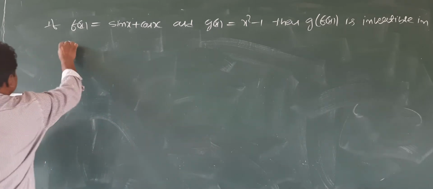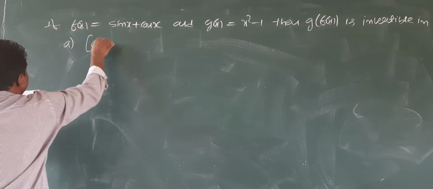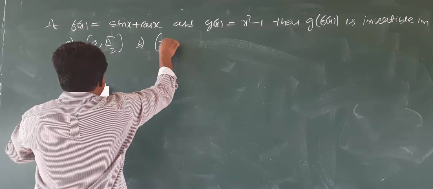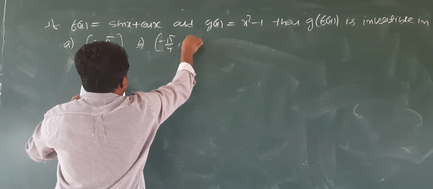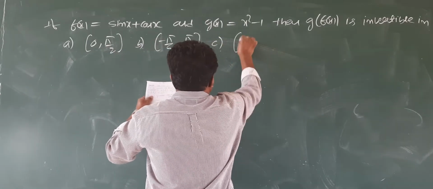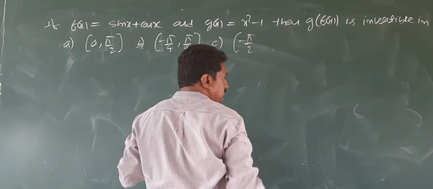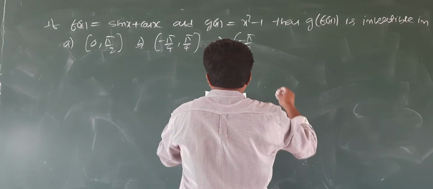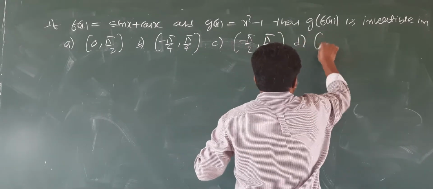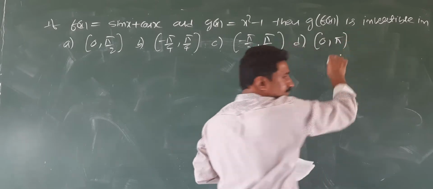Option A, 0 to pi by 2. Option B, minus pi by 4 to pi by 4. Option C, minus 90 to plus 90. Option D, 0 to pi.